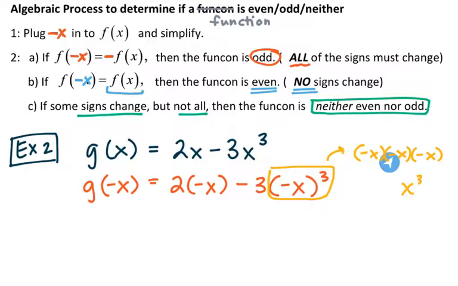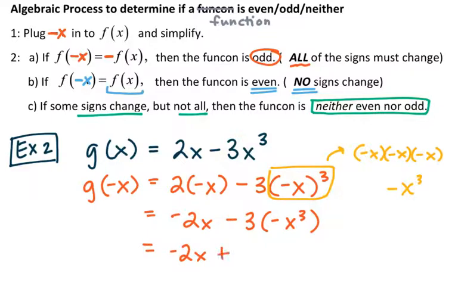Negative times a negative is positive, multiplied by another negative, this would remain negative. So as we look at simplifying this, I have 2 times negative x, which would of course just be negative 2x. And then I have minus 3 times negative x cubed.